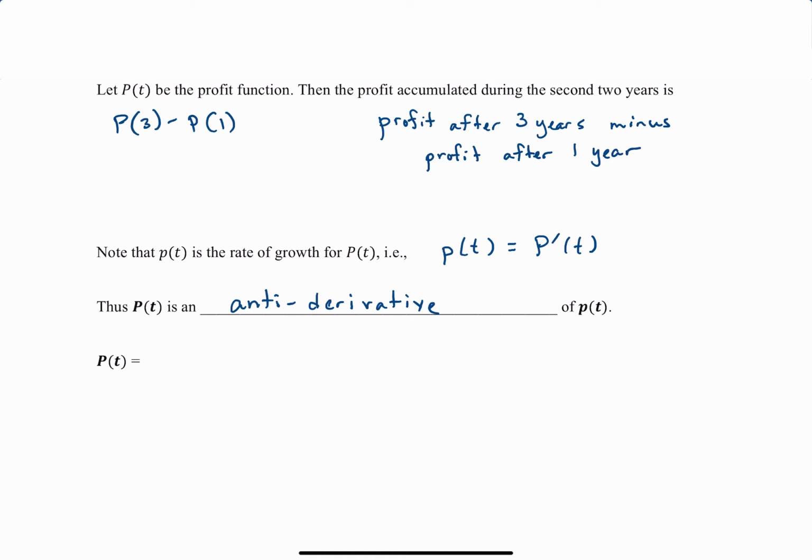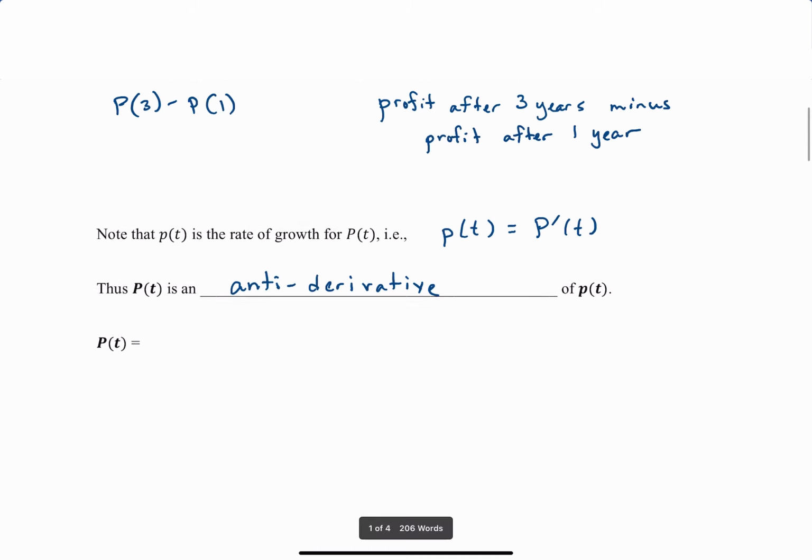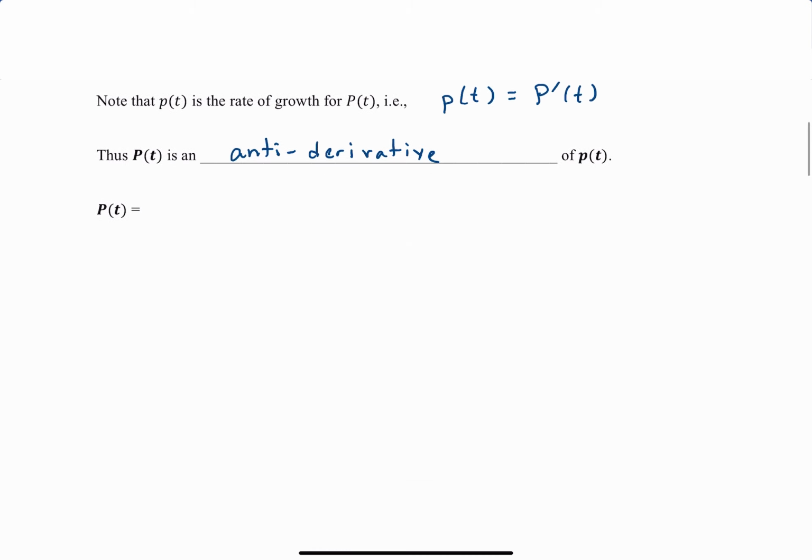Right? Because if you differentiate a function to get little p of t, then that function is called an antiderivative of little p of t.